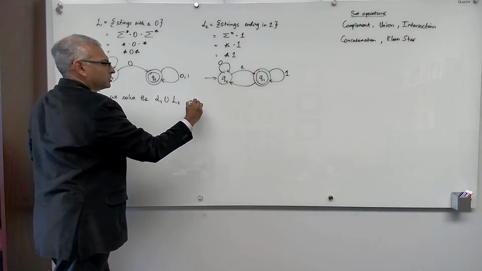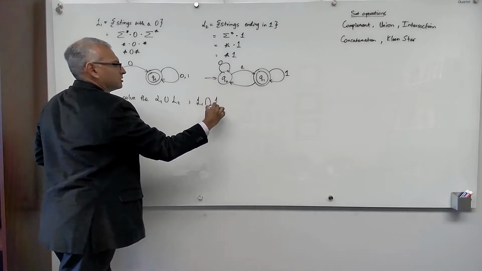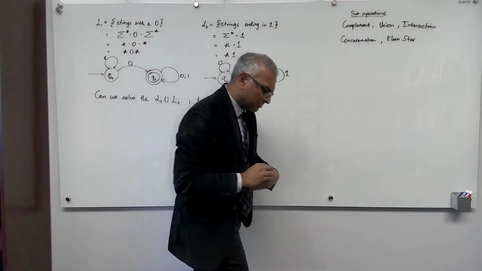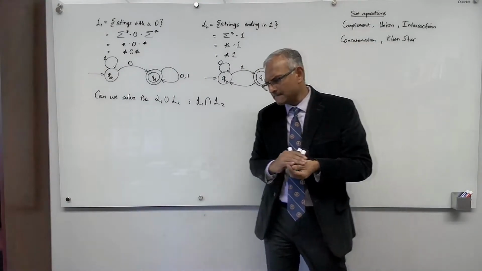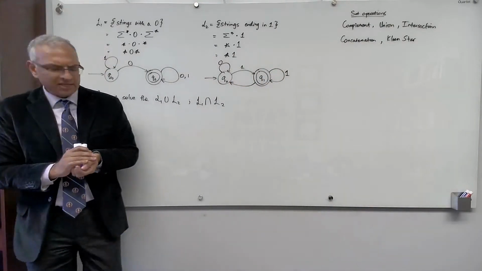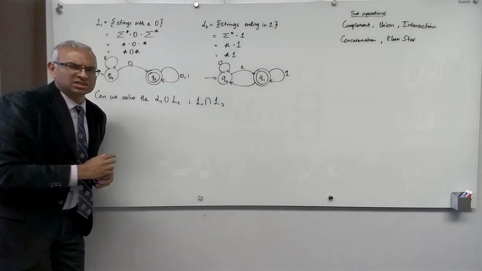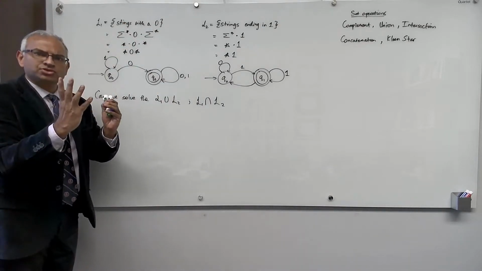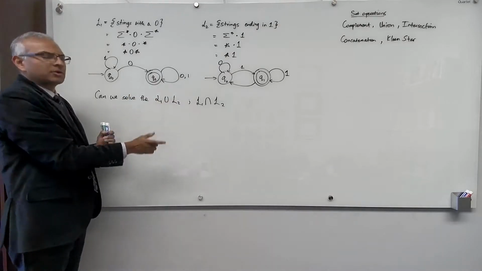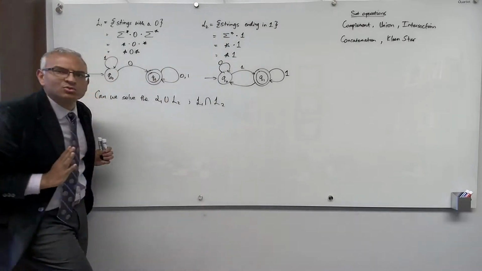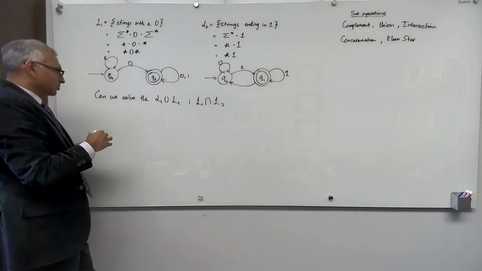What about L1 intersection L2? Now we're getting into some more sophisticated methods for designing automata, and I'm going to show you a nice trick called product states. You don't need to reason about what the union or the intersection is. I'm going to show you that we can solve the union directly using the two machines that solve the individual languages.